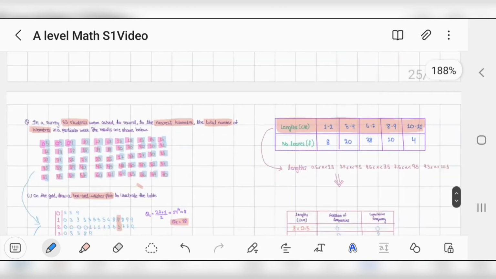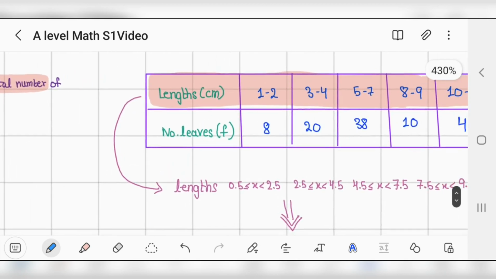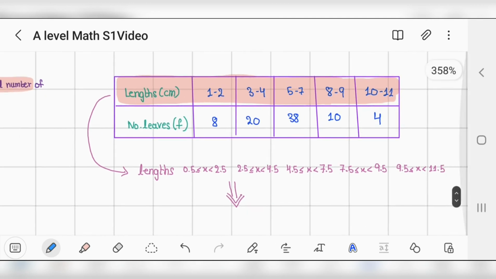Okay, so now let's move ahead. So we have this graph, and this is the table. Now you can see here, whenever we have been given this kind of class interval, we always try to make it in this way: minus 0.5 and plus 0.5.